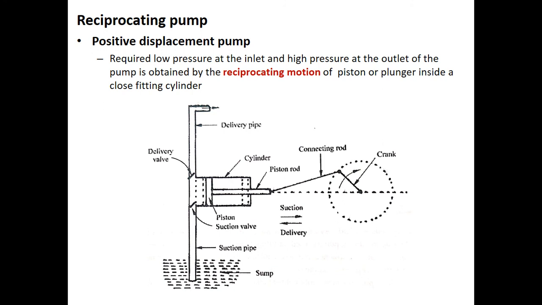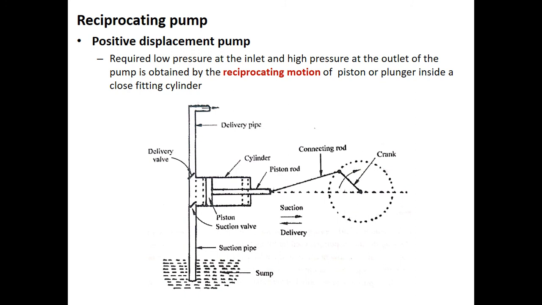Because of the low pressure at the inlet of the pump, the liquid is lifted from the source or the sump to the pump. And due to the high pressure at the outlet of the pump, the liquid is lifted from the pump to the required height. For any pump, the requirement would be something like that.